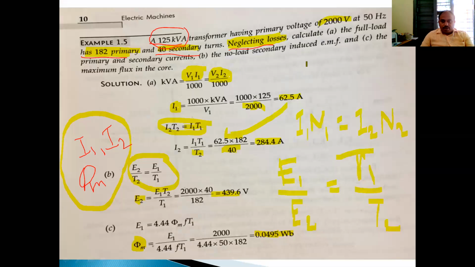Depending upon this formula, I1 N1 equals I2 N2. Instead of the number of turns N, we can replace it with T. N is simply replaced with T.